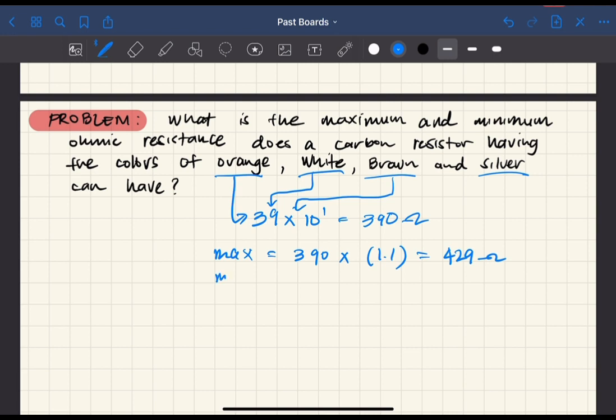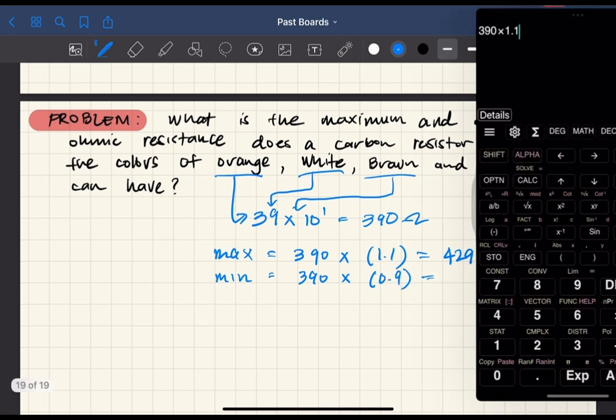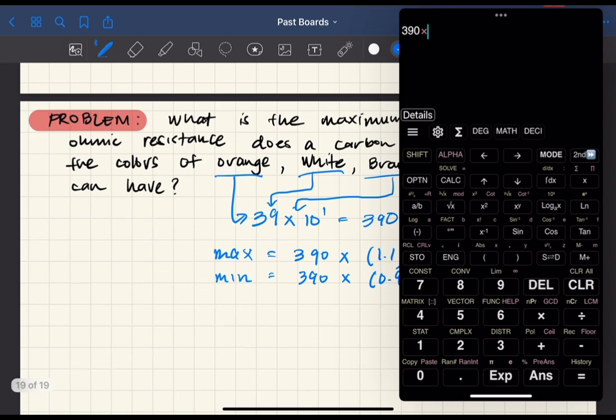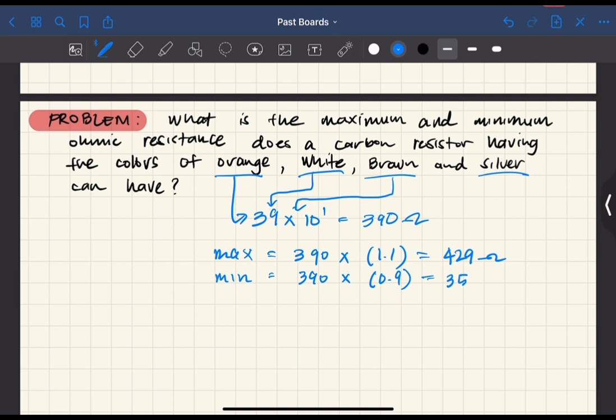The minimum value is equal to 390 times 0.9, which is 351 ohms. So the maximum and minimum value that this resistor can have is 429 and 351 ohms respectively. That's the answer for this problem.